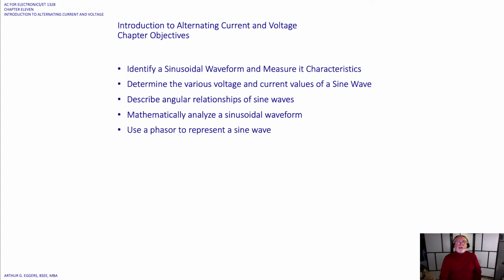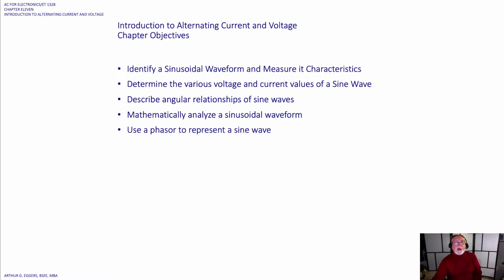So in those sections, we're going to look at identifying the sinusoidal waveform and its characteristics, determine the various current and voltage values in a sine wave, describing the angular relationships, do a mathematical analysis of the sinusoidal waveform, and then we're going to get to the introduction of the phasor.